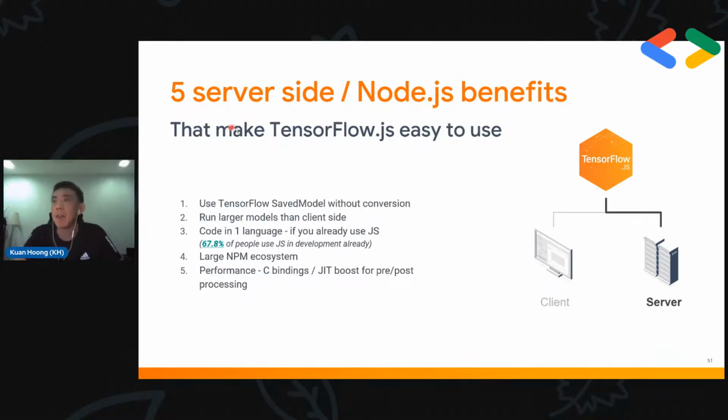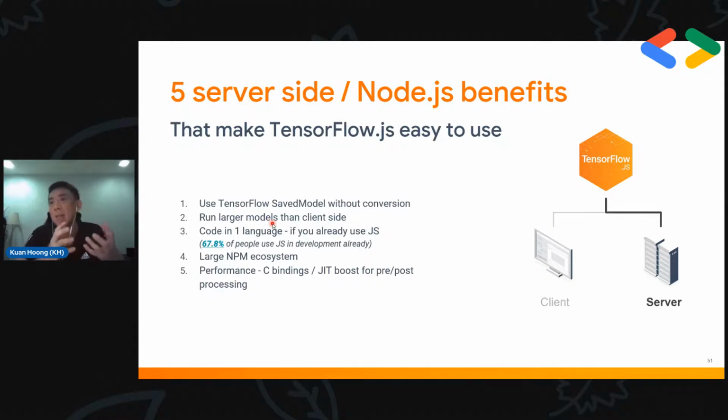Of course, if I have a server side, what's the benefit? If I have a server side, then I can actually use my TensorFlow SavedModel. I don't need to convert it. I can run it straight away from the server side. And because my server has larger computation power, I can run a larger model. If I run on the client side, maybe my client is an IoT device, and you have limited battery, limited computing power, and limited storage.